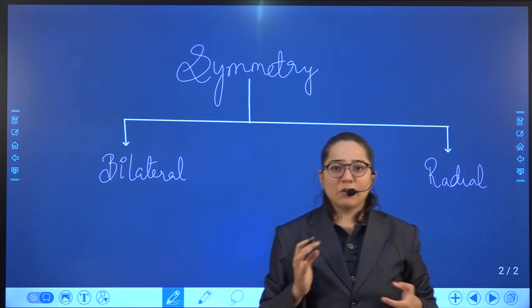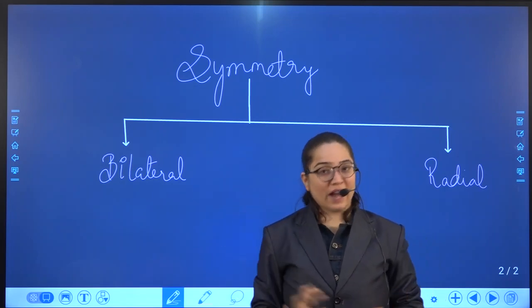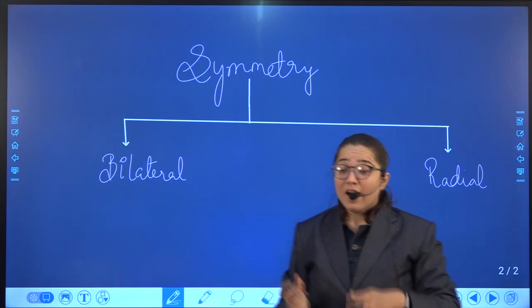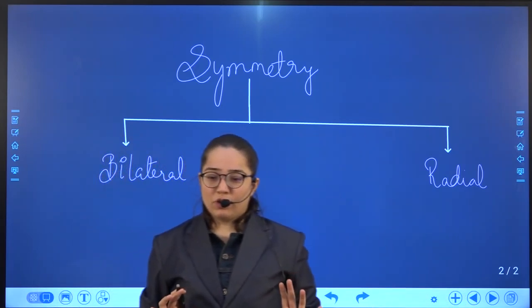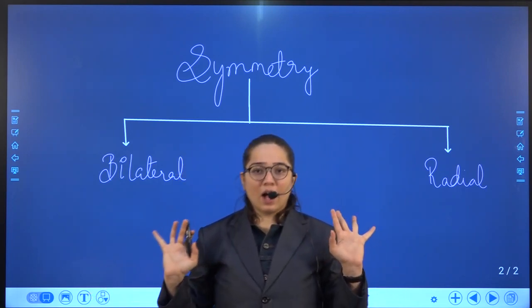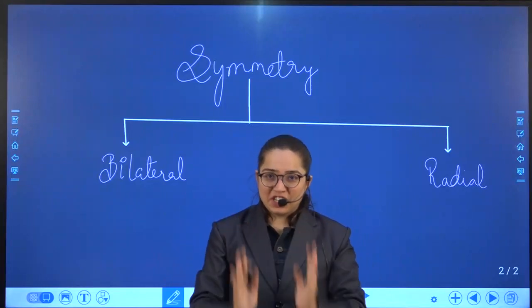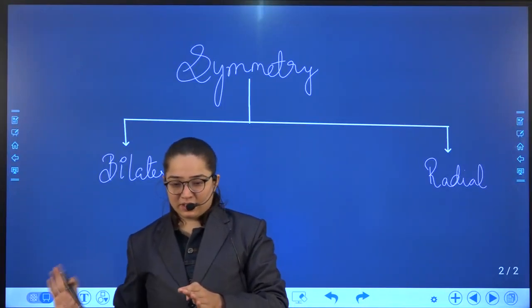First of all, let me recall for you, it is a part of your lower standards only. When you want to divide anything into two equal halves, you want to cut it into two equal proportions.